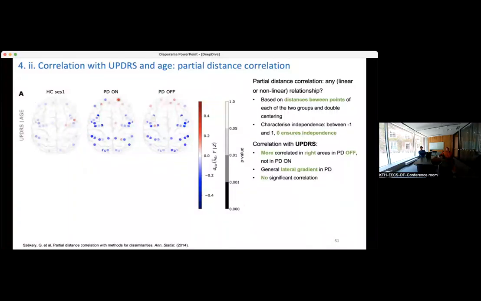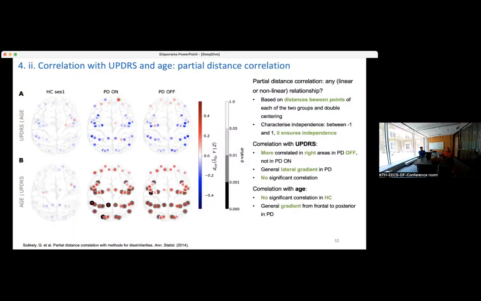Okay, then maybe I will go a bit faster. What we looked at here is how this correlates with UPDRS, which are motor tests of a patient. And what we can see is that this lambda does not correlate so much with the results of the tests. It seems to correlate, but not significantly.